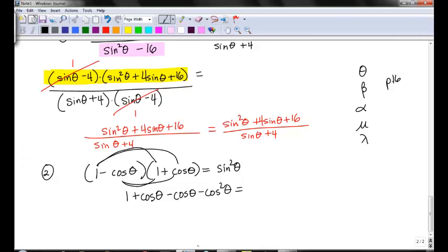Okay, and you're back to 1 minus cosine squared theta. You agree with that? Okay, and then on your card, look on your card. That's why from now on you want to have that card out. Okay? What is 1 minus cosine squared theta on your card?